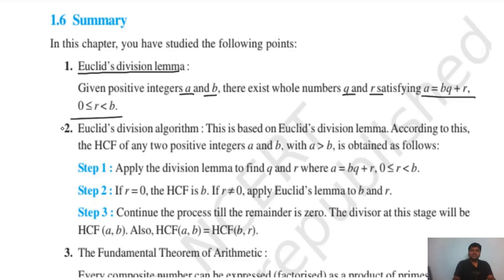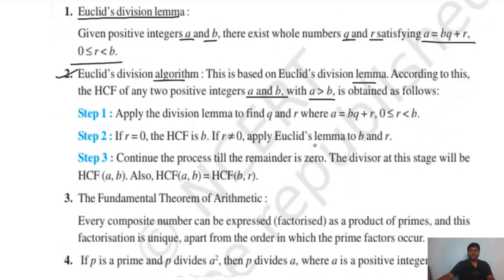This is called the lemma, and Euclid's division algorithm is based on this Euclid's division lemma. According to this, the HCF, that means highest common factor, of any two positive integers a and b, where a is greater than b, is obtained by the following steps using Euclid's division lemma.